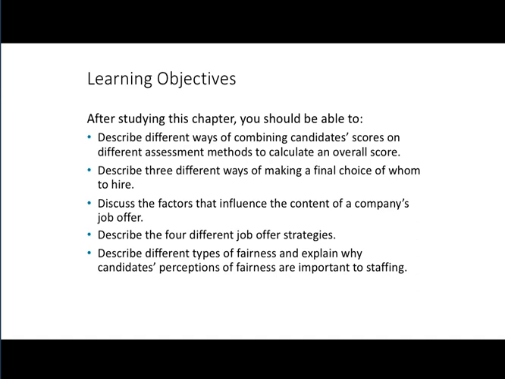Lastly, we'll look at the different kinds of fairness and explain why candidate perceptions of fairness are important. So we've already addressed some of this when we talked about applicant attraction with recruiting and applicant attraction within the selection process, and we need to consider that as well once that final hiring decision is made.